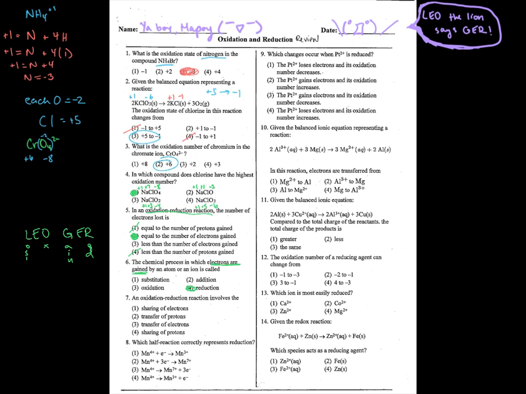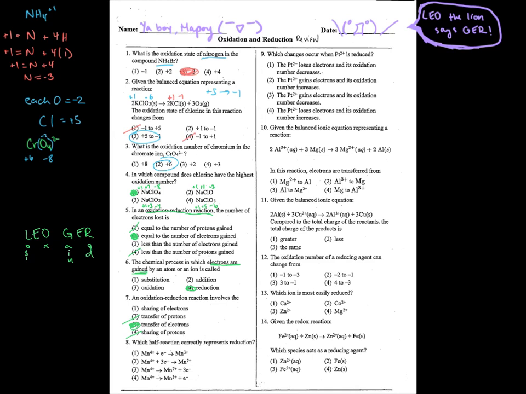Number 7, an oxidation reduction reaction involves the transfer of electrons. You're not transferring protons or sharing, that's for sure, and you're not sharing electrons either. Someone has to give up those electrons completely, and someone has to take them. So that's a transfer of electrons, not sharing.